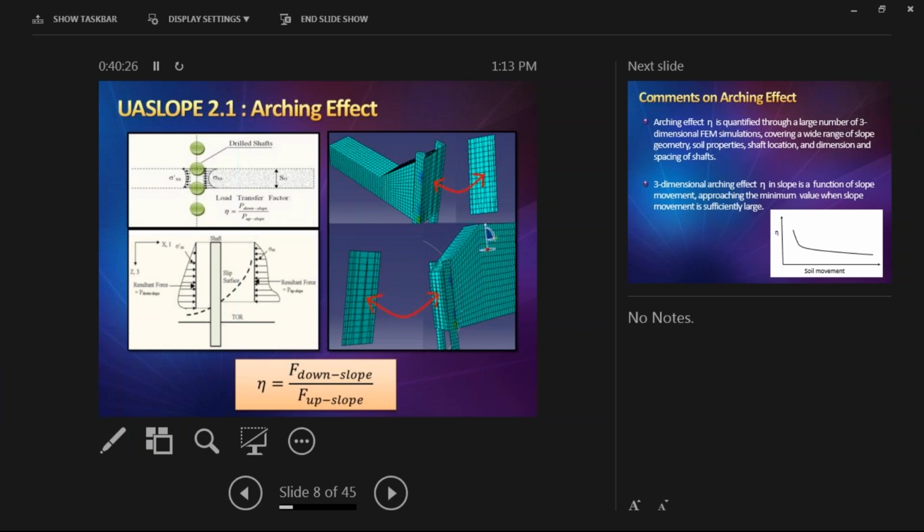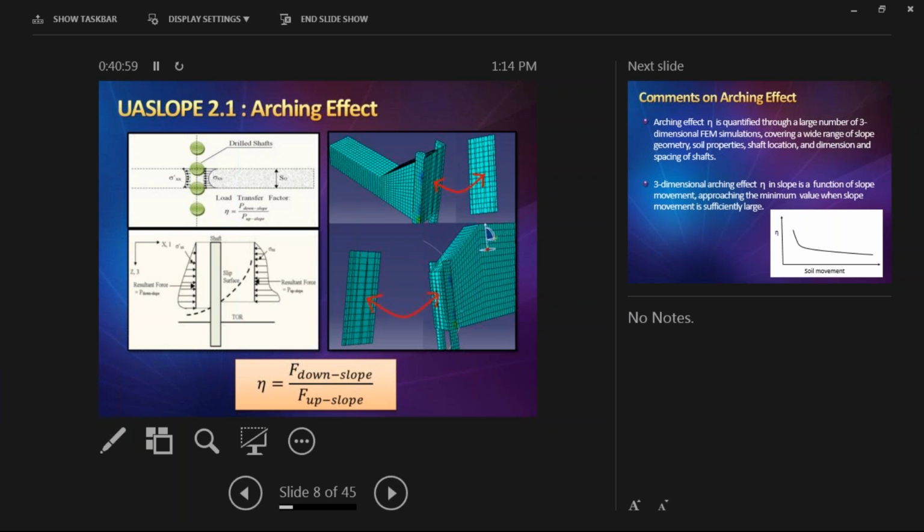Part of the stress is transferred to behind the drill shaft, and that's what we call arching. And this has been validated in field measurement work, where we have a real-size drill shaft and load it on the slope with some dead weight, and we can measure the deflection, soil movement, and stresses. So this phenomenon is very well documented, not only in the numerical simulation results, but also in the field large-scale load testing results.